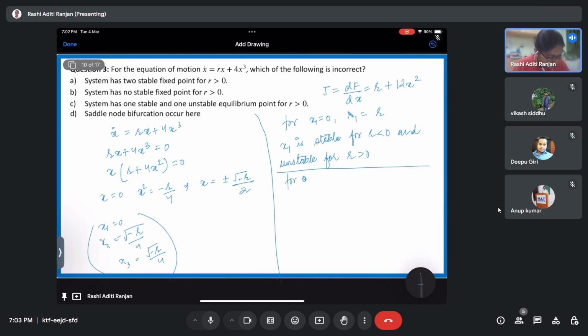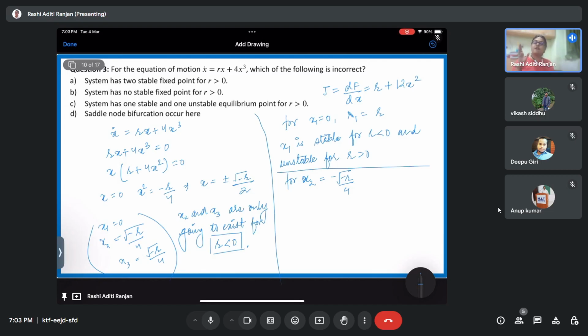Coming on to x2, which is minus of under root of minus r by 4. Okay, first thing, I'll write it over here also. x2 and x3 are only going to exist for r less than 0.